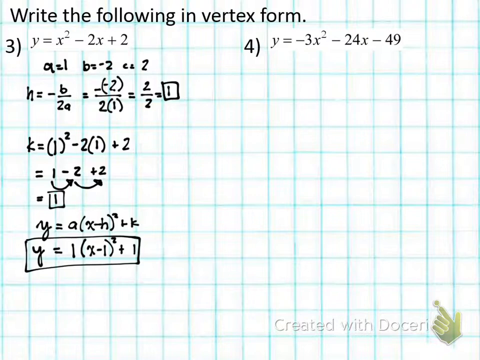Questions? Okay. How do you feel about that? Raise your hand if you felt pretty good about that one. Okay, let's do the next one together now. Turn to your neighbor, tell them what A, B, and C are on number 4.